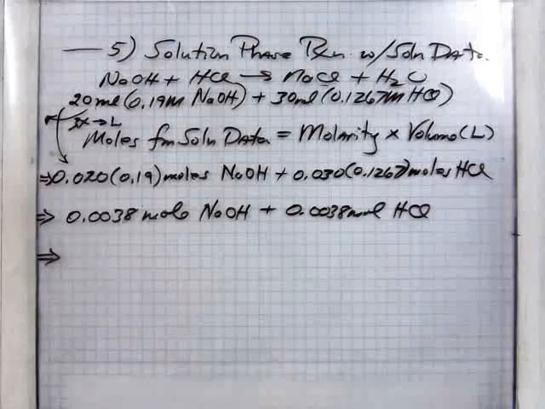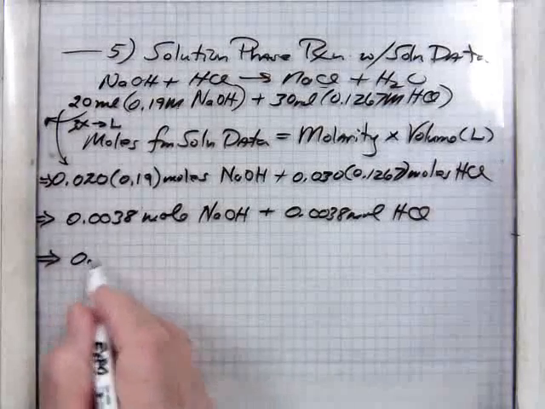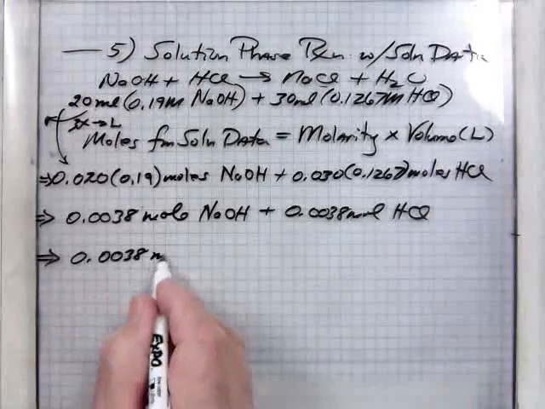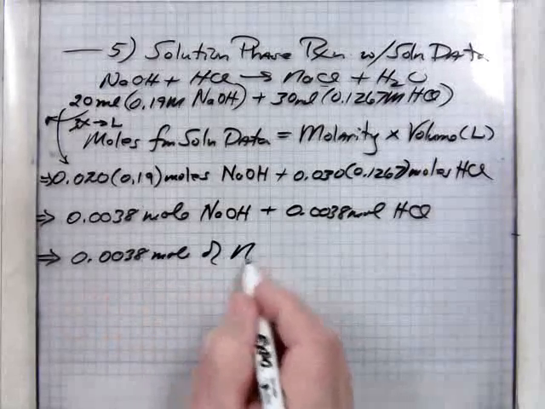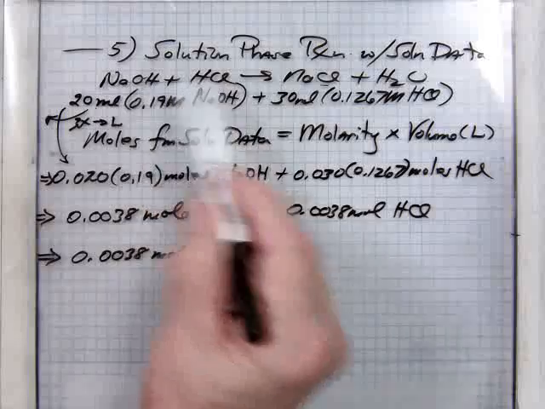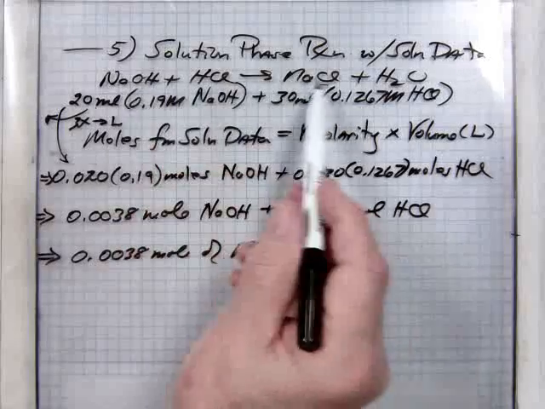So this would give you 0.0038 mole of sodium chloride. See, it's also a 1:1:1 reaction ratio in this reaction.